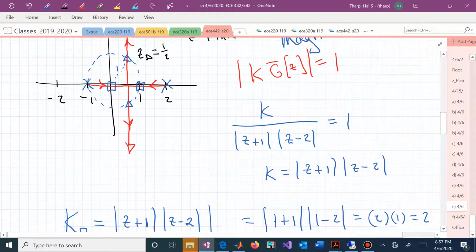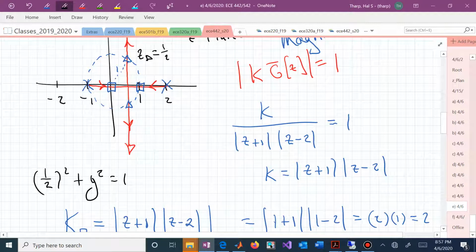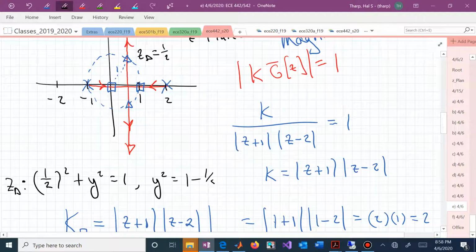If we now look at that triangle, we have 1/2 squared plus y squared is equal to 1. We're trying to find z delta. Now if we solve that for y squared, we have 1 minus 1/4, or that's now 3/4.